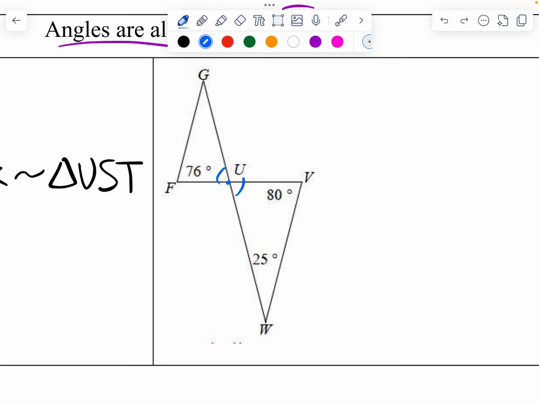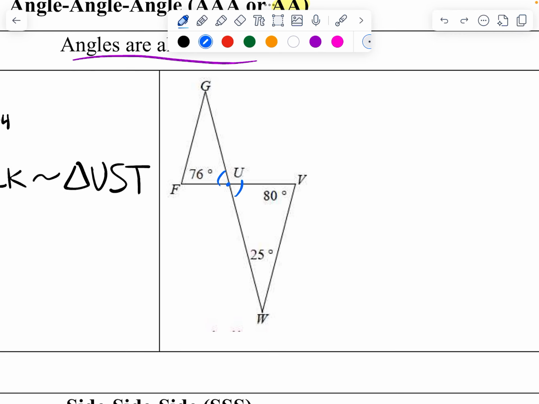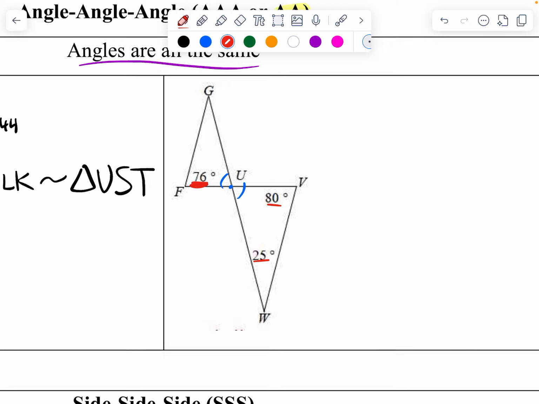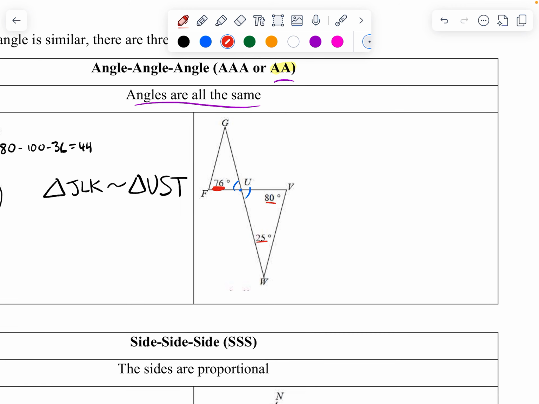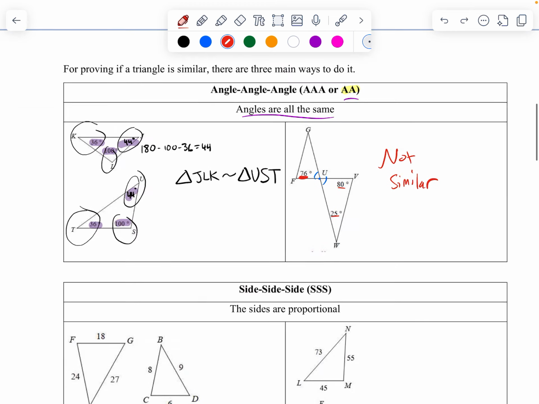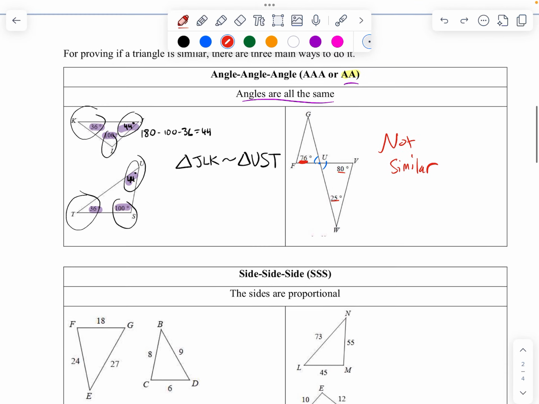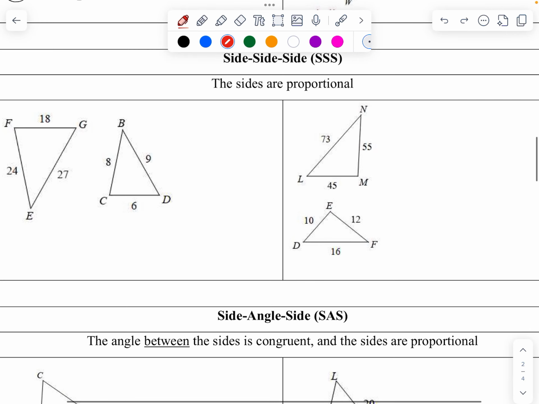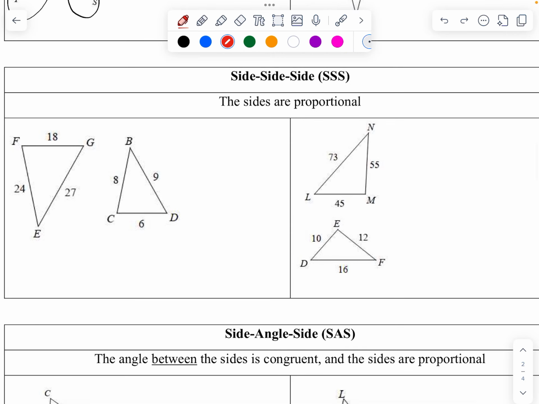I can find it using supplementary angles if I wanted to, but I know that 76 doesn't match 25 or 80. Two of the three angles are not going to match, which means the third won't match either, and you can just simply say not similar. Okay, so keep in mind, you don't have to know what that middle number is in order to find similar triangles with angles.